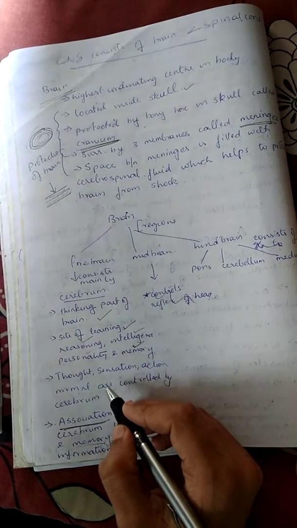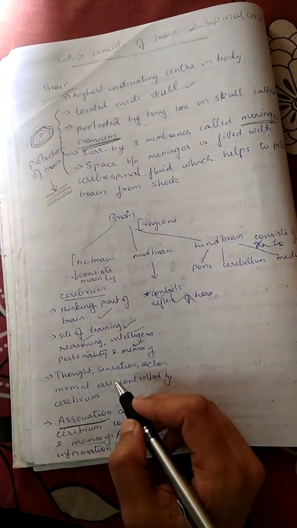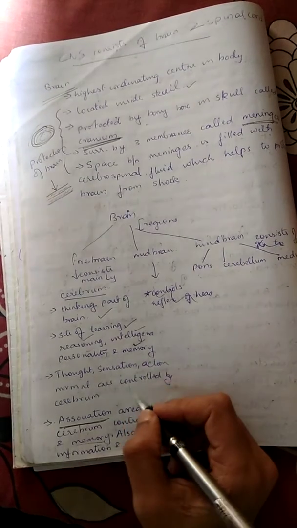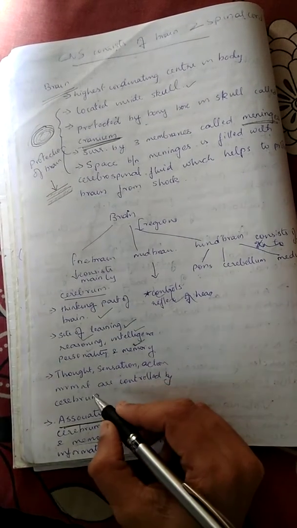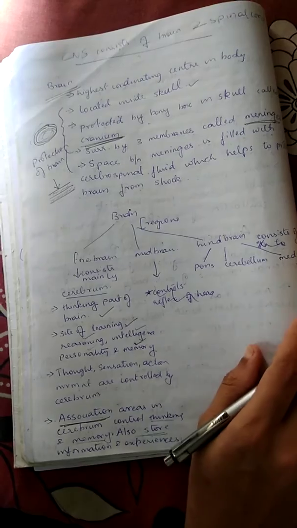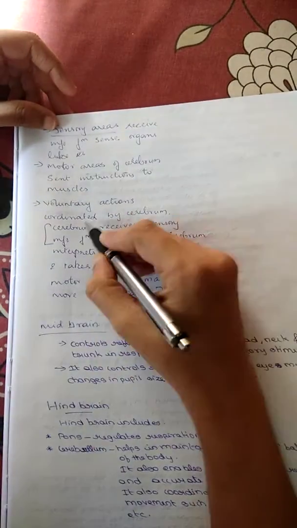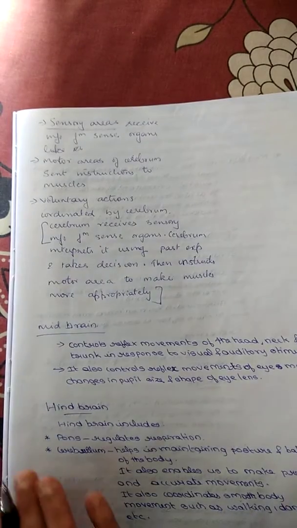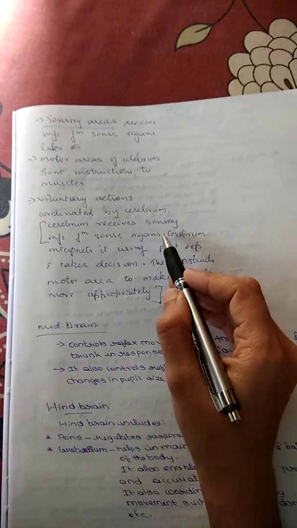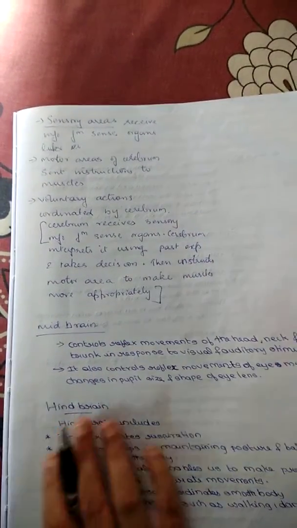All the voluntary actions are coordinated by the cerebrum with the help of the sensory, motor, and association areas.